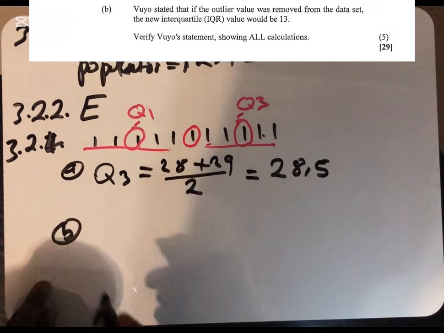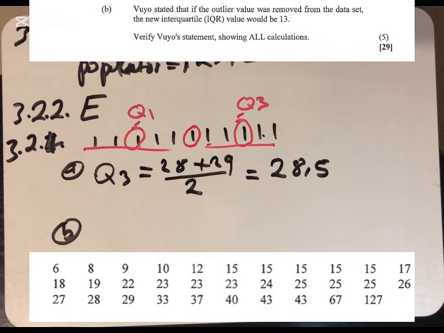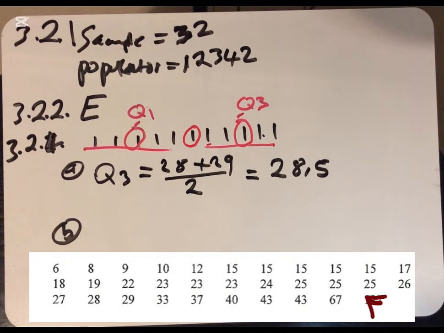Now we move to question B. Question B says, Vuyo stated that if the outlier value was removed from the data set, the new interquartile range will be 13. So it means that the new data, we are now going to have 31 data points because 127 is going to be removed from the data.